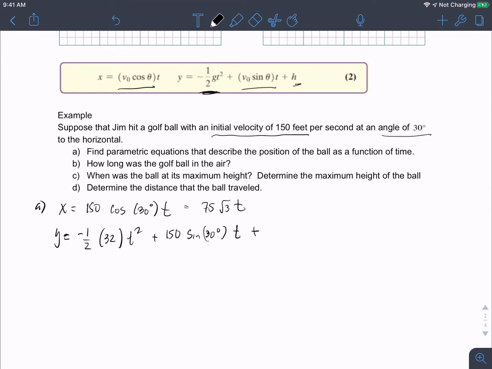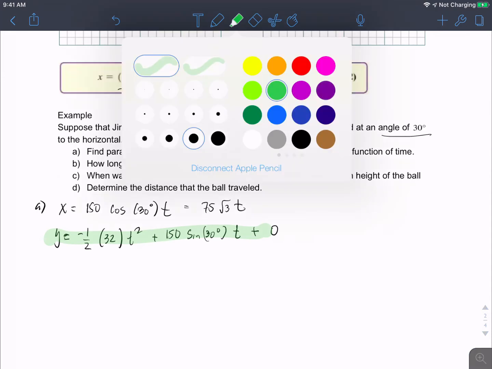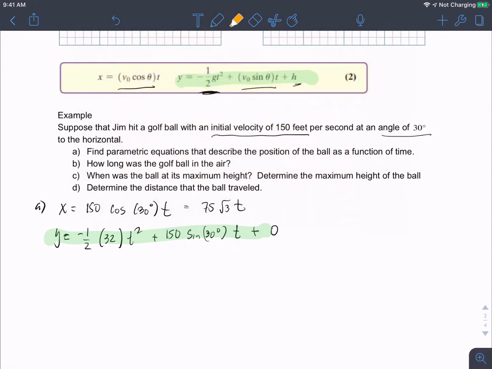Well, the height that they told us was the ball was still on the ground, right? When you're hitting a golf ball, it's going to be on the ground. And just so you know, I'll highlight it. This came from here. This came from here. Just want to make sure that you guys are clear on where I got these two equations. This is going to clean up to be a negative 16t squared plus 75t.